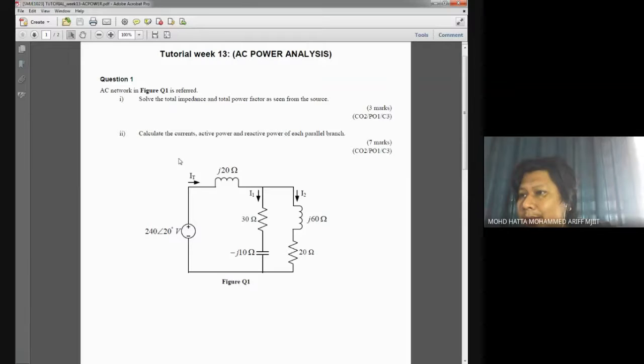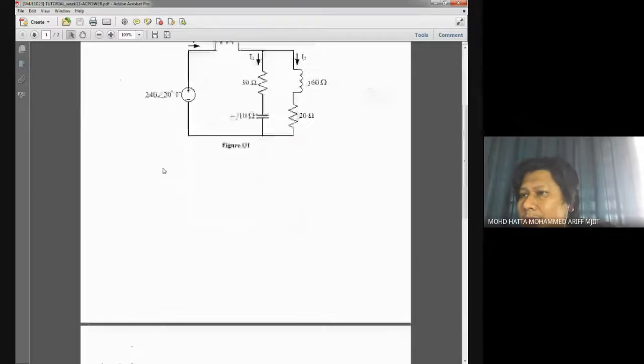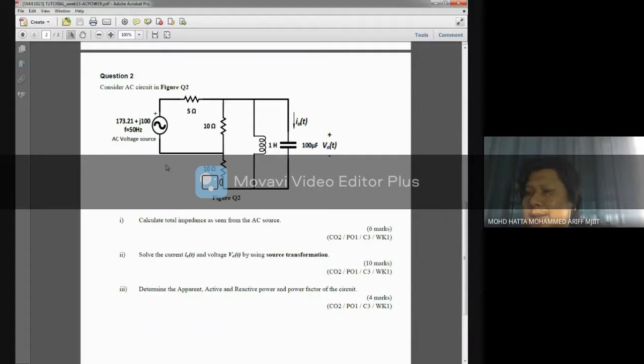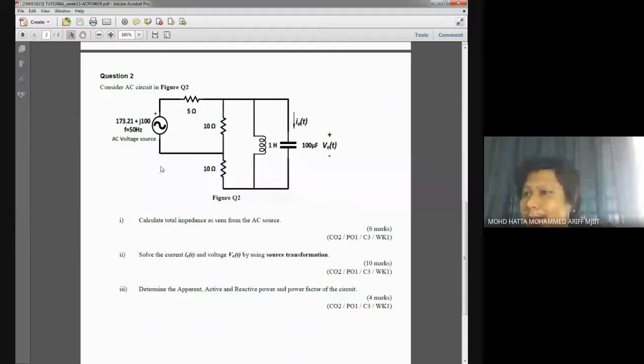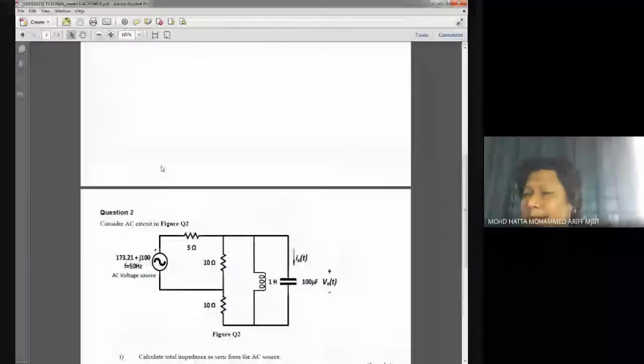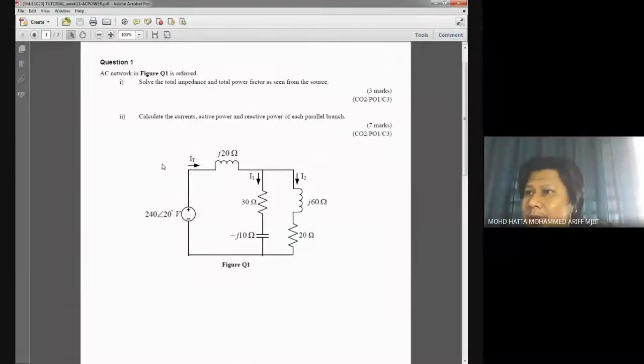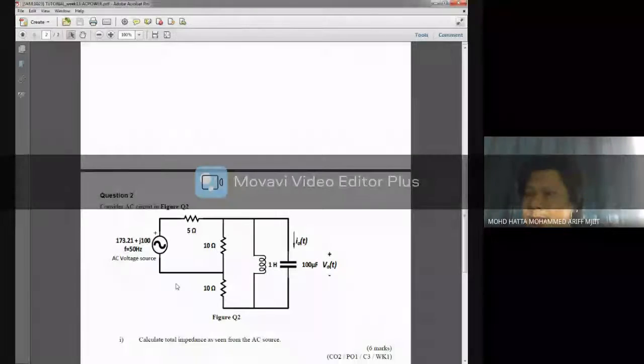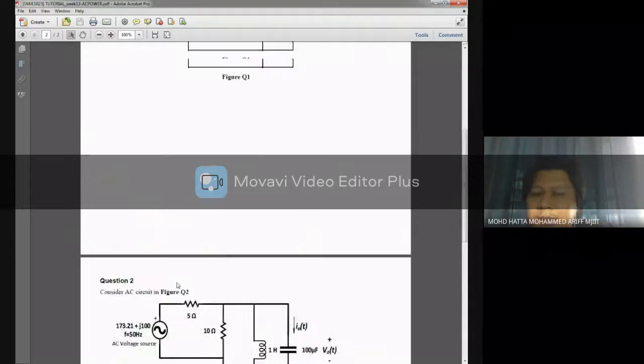I hope that we try to do this one, because the next one is a bit complicated. We have more elements inside our circuit, and maybe we decide to do this question first, and I will try to explain what the solution of this question is later on.